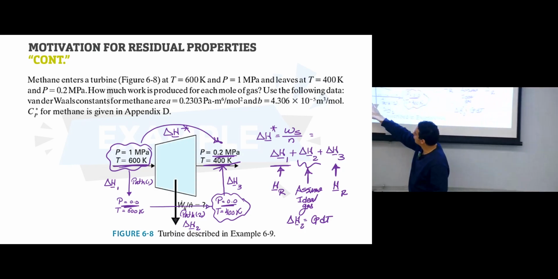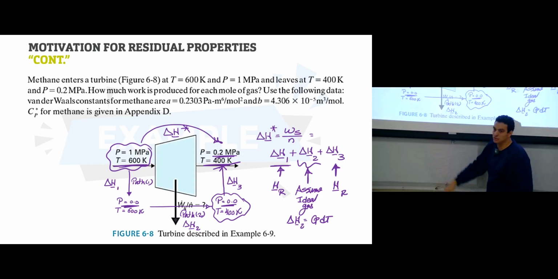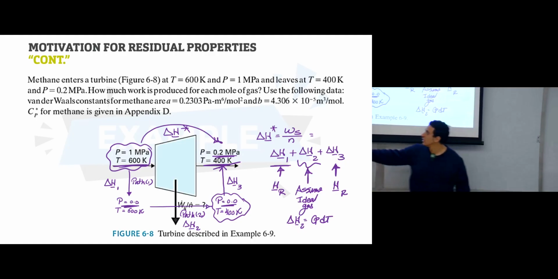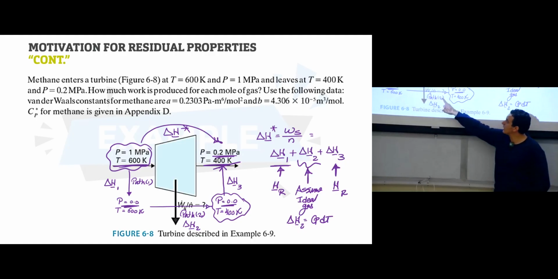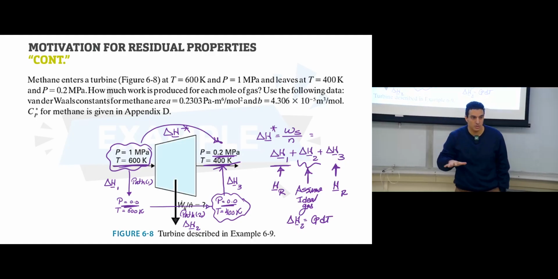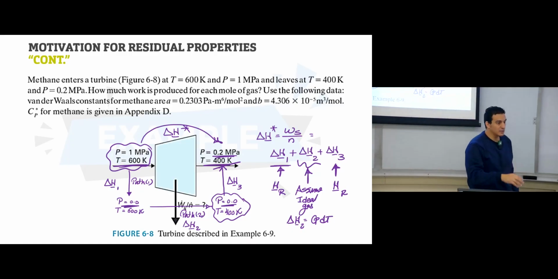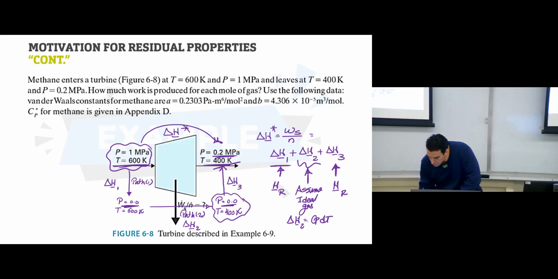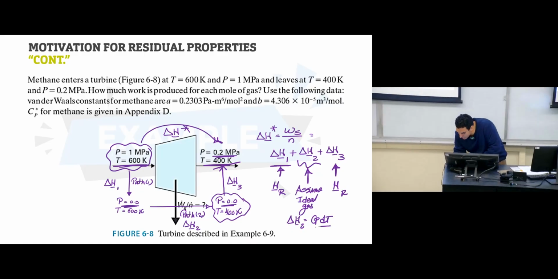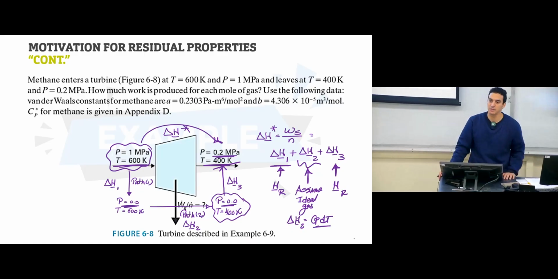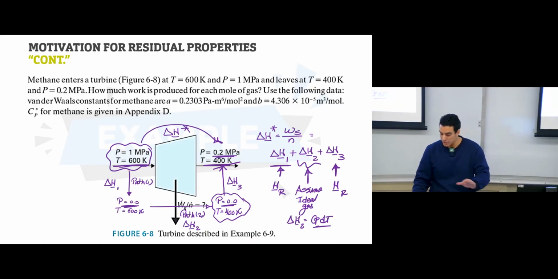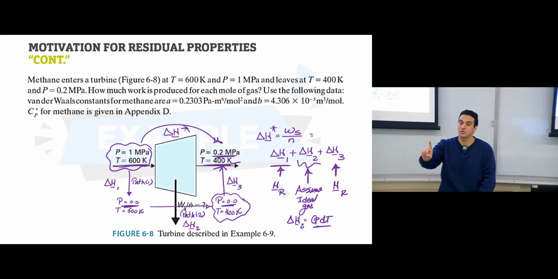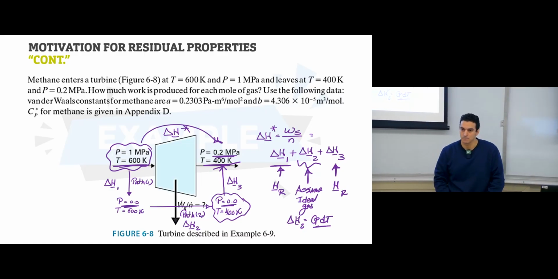Path number 2, we have low pressure, pressure equal to 0, so we have ideal gas. Here we have temperature change at very low pressure while the gas is ideal. So at this condition, we can calculate the enthalpy change for the second path with ideal gas, which is just very simply Cp dT, and that's it. Because at this low pressure, Cp is only a function of temperature. Make sense?